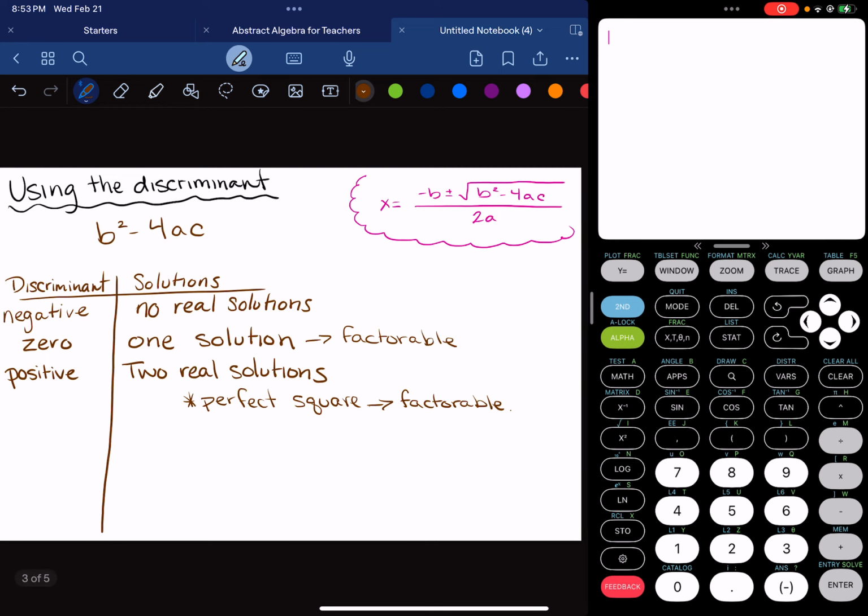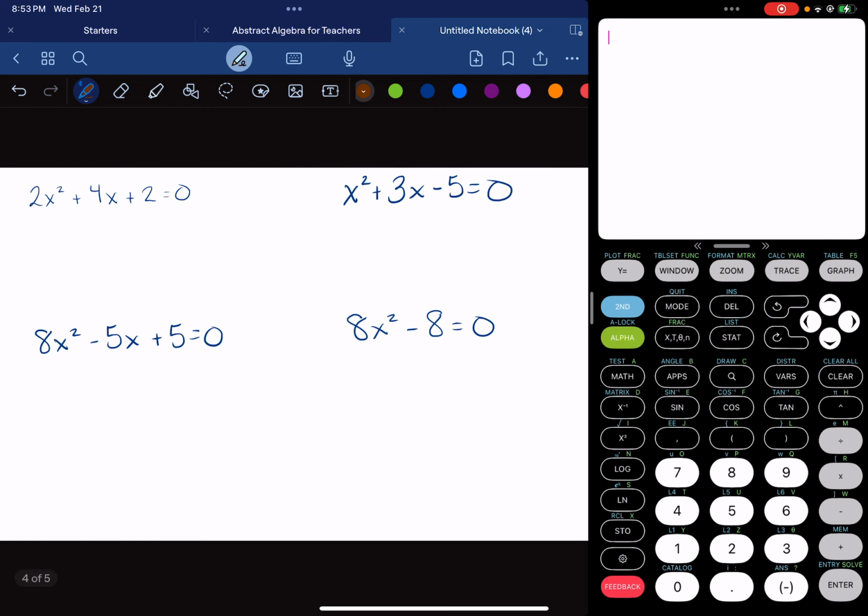Okay, so let's try a couple of these. I have 4 examples on the screen here. The first example is 2x squared plus 4x plus 2. So recalling from the previous screen, the discriminant is going to be b squared minus 4 times a times c. This is the discriminant formula. In the first example problem, b is 4, so I'm going to do 4 squared minus 4 times a, which is 2, and c, which is 2.